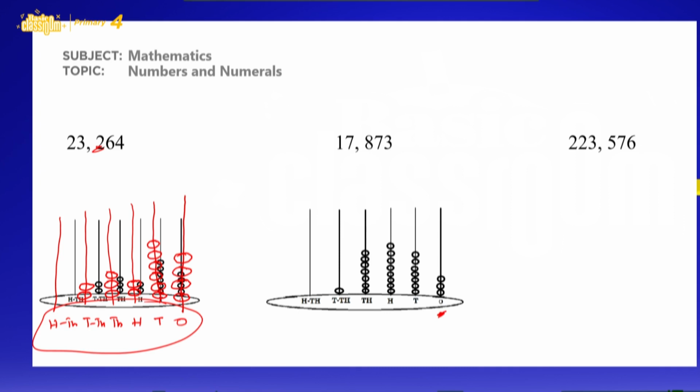Then we have 7 of the counters on the tens, which represent 70. Then we have 8 counters on the hundreds, which is 800. 7 on the thousands, which is 7,000. And then we have only 1 on the tens of thousand. So we have 17,873.